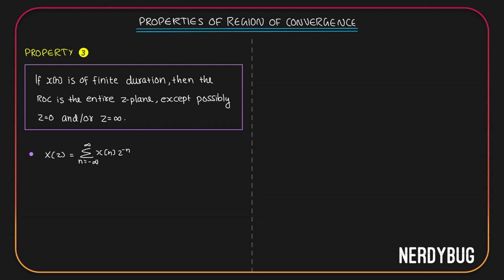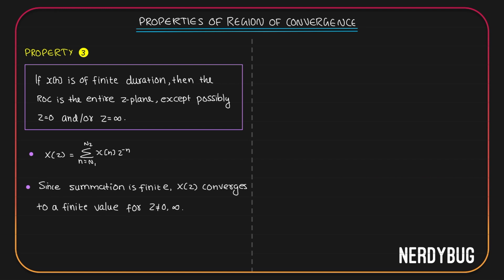But if the signal is finite duration, let us assume that the signal only has non-zero values from n1 to n2. Then instead of taking the summation from minus infinity to infinity, we can simply take it from n1 to n2. The upper limit is n2, which is a finite value. The lower limit is n1, which is also a finite value. So the summation is going to always converge to a finite value.